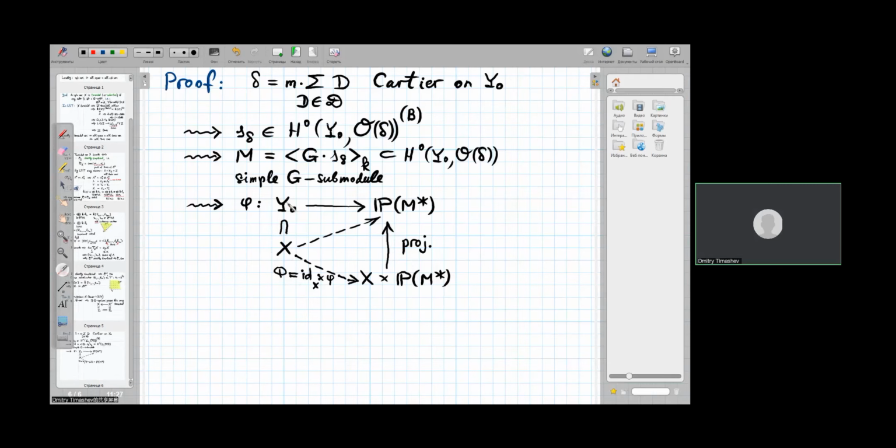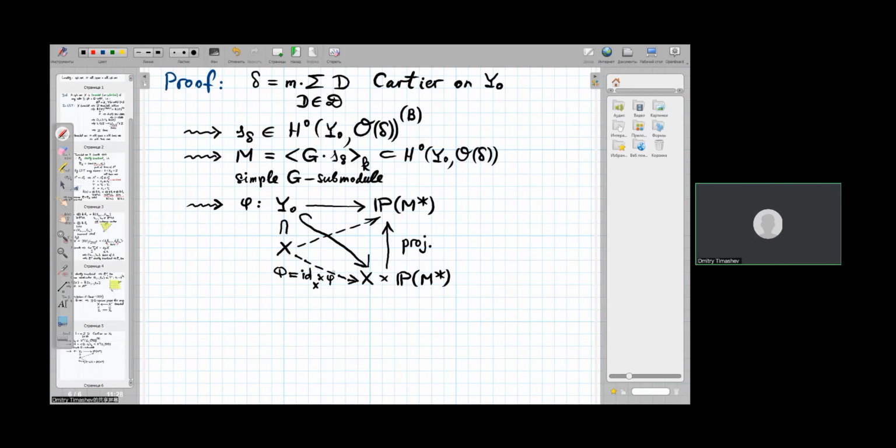when restricted to Y naught, gives you an inclusion of Y naught into this product variety, because on Y naught this map is well defined. It is regular on Y naught.